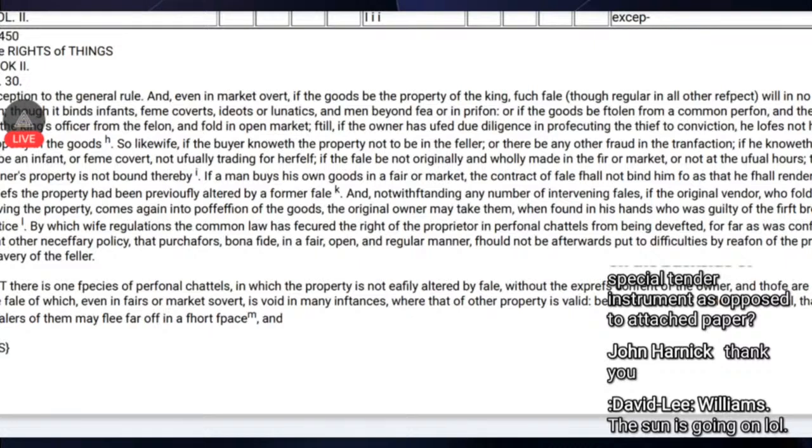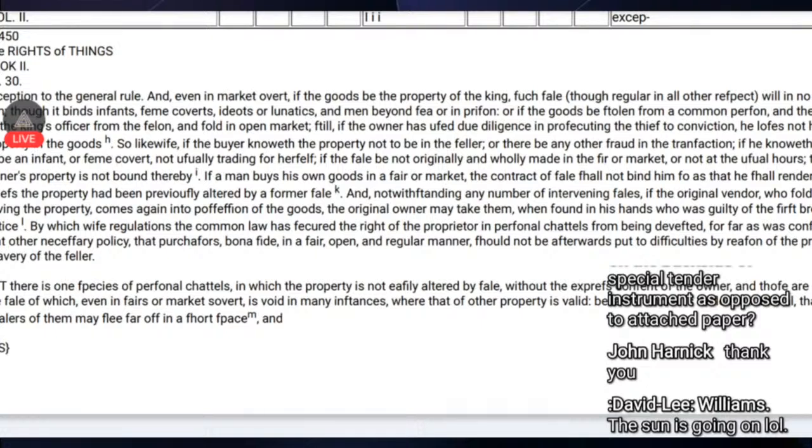If a man buys his own goods in a fair or market, the contract of sale shall not bind him so that he shall render the price, unless the property has been previously altered by former sale. And notwithstanding any number of intervening sales, if the original vendor, who sold without having the property, comes again into possession of the goods, the original owner may take them when found in his hands, who was guilty of the first breach of justice.